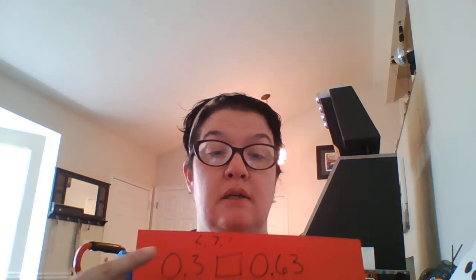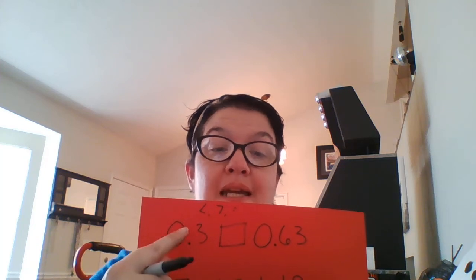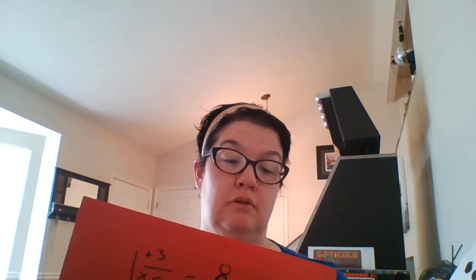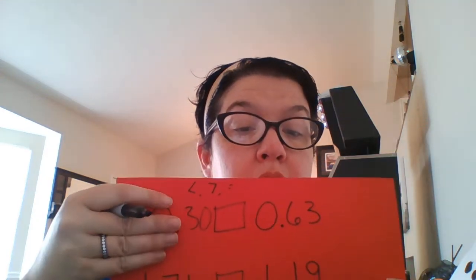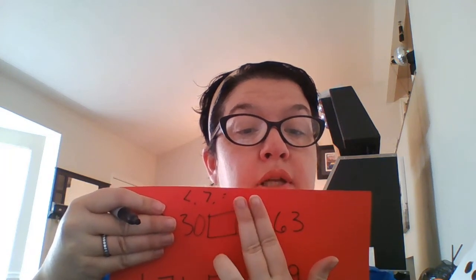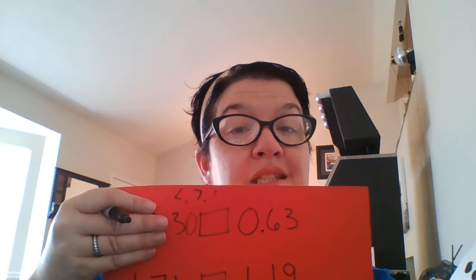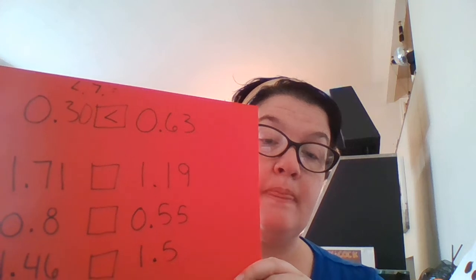Instead of 3/10, it'll be 30 hundredths, which is an equivalent fraction. Okay, so we're going to add that 0. Now, we're just going to look at the numbers. We are comparing 30 and 63. The greater number is 63. So 63 hundredths is greater than 30 hundredths.